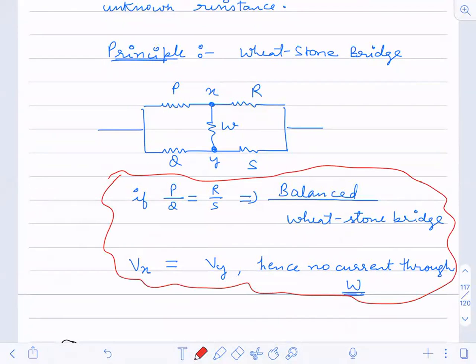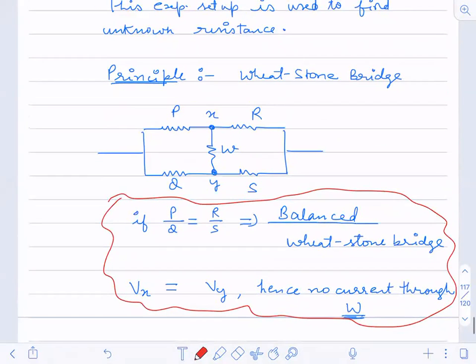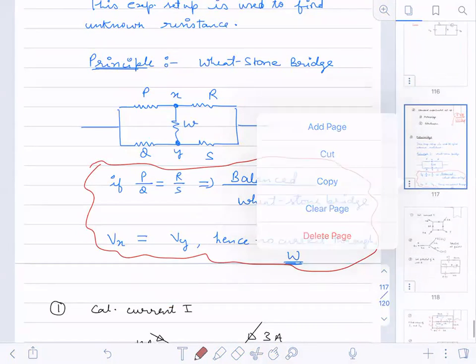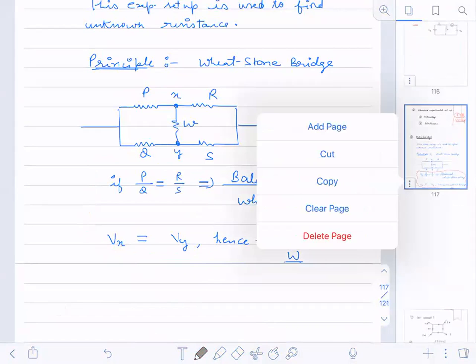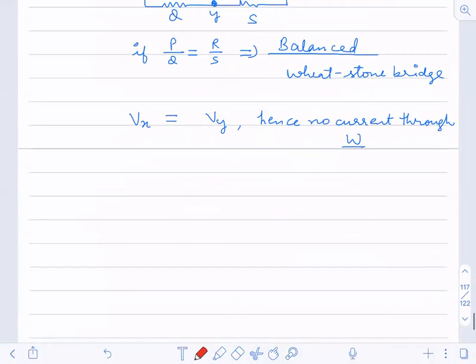Now let us see the experimental setup. Let us see the construction. What actually we have in the construction now. So I'm drawing the figure.